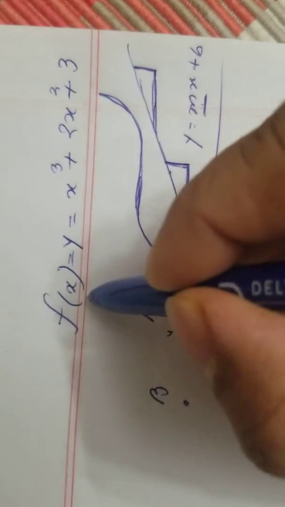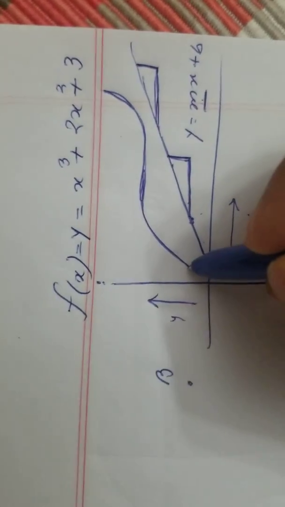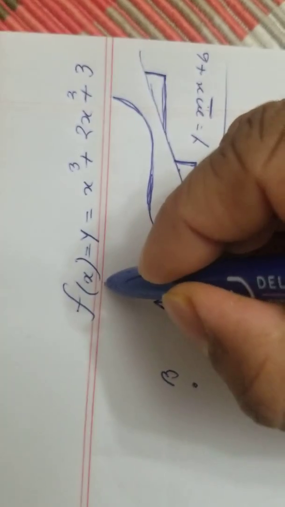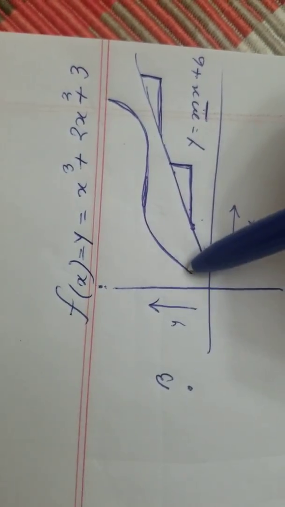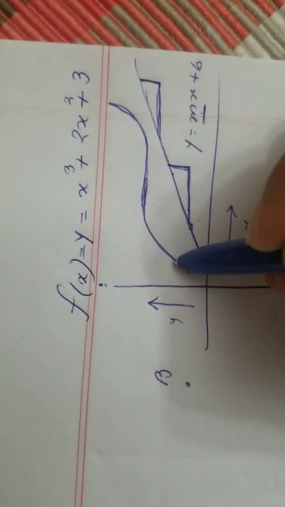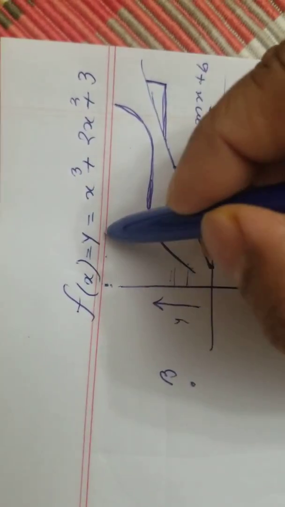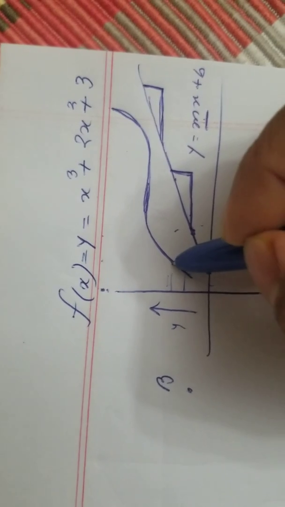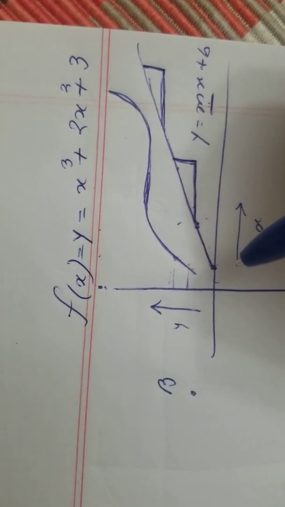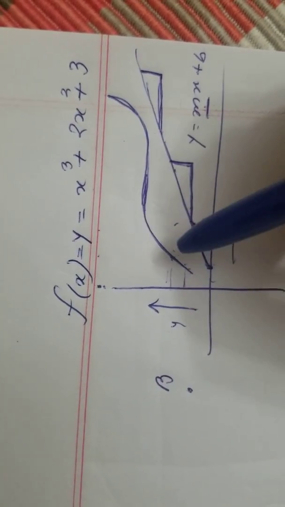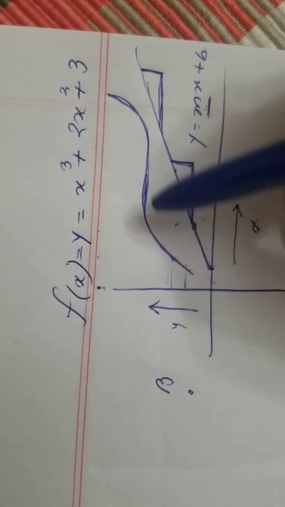For every x value you put in this function, it gives you a different point on the curve according to the corresponding y, and the slopes will be different for different points.